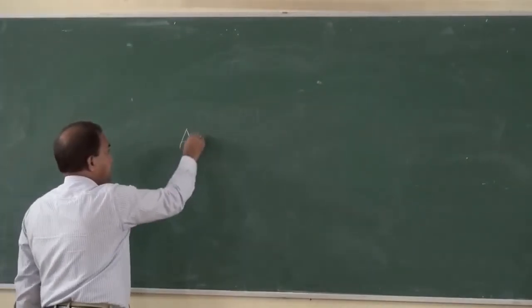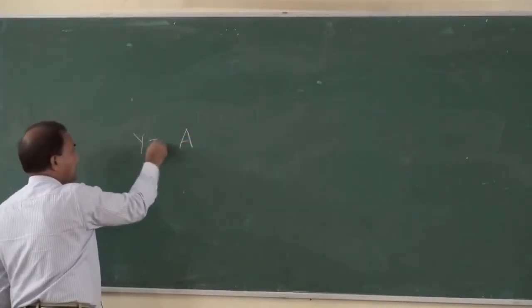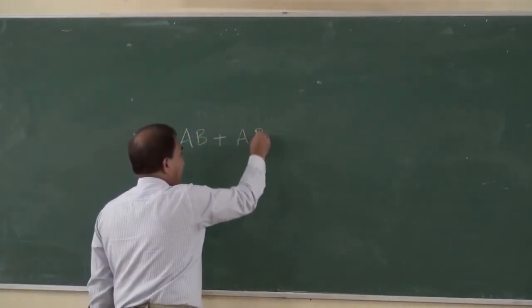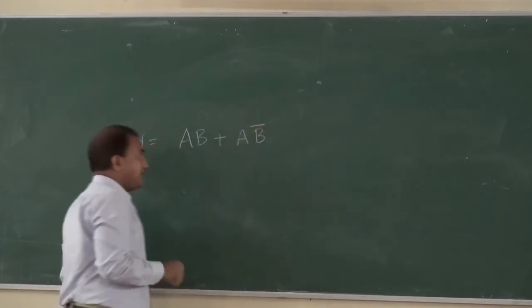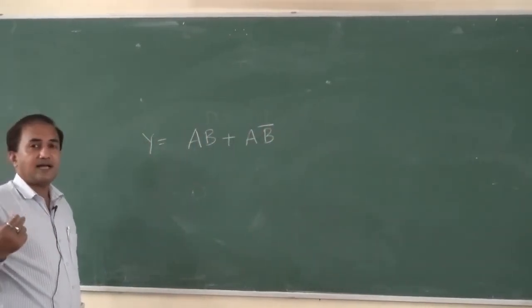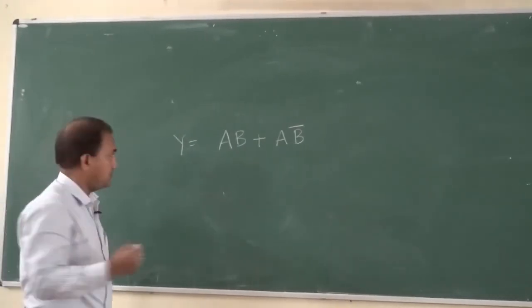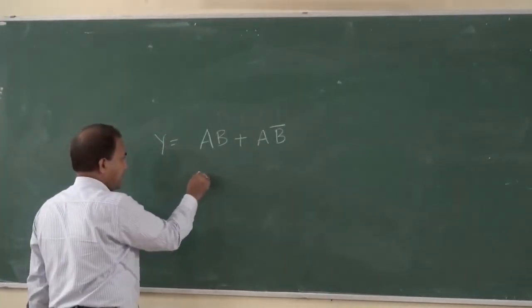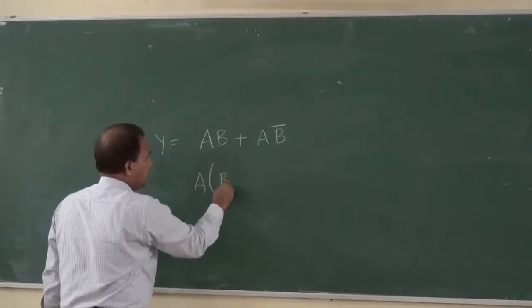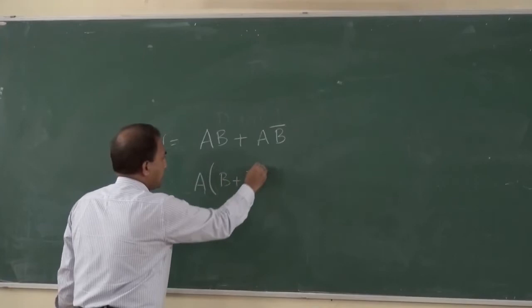Reduce this function. Suppose Y is equal to AB plus AB dash. How can you reduce this by using the algebraic method? You can make A common: A into B plus B dash.